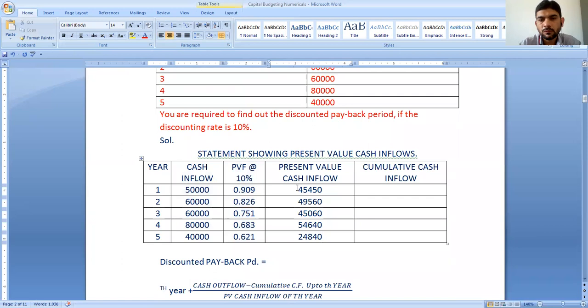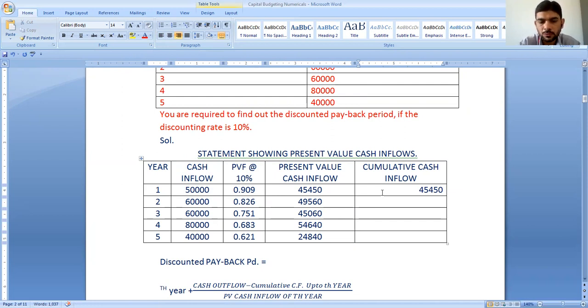Now we will find the cumulative values from these cash inflows. For the first year, we will be having 45,450 as it is. For the next year, we will be having 45,450 plus 49,560. It will be adding up these two values together.